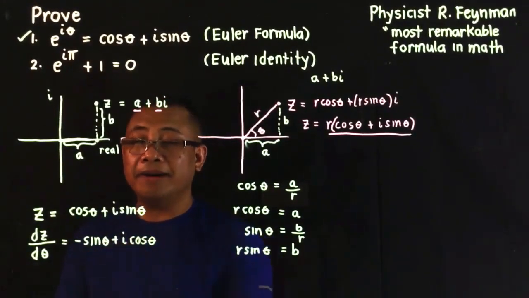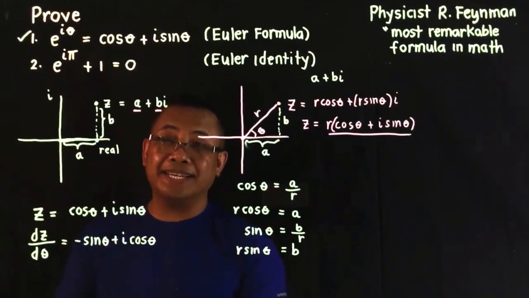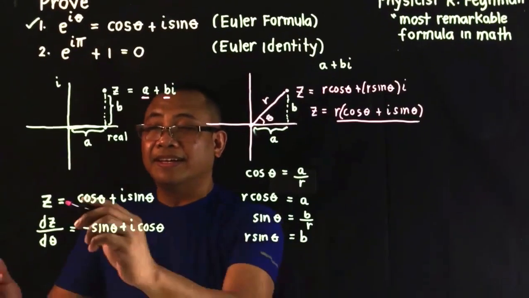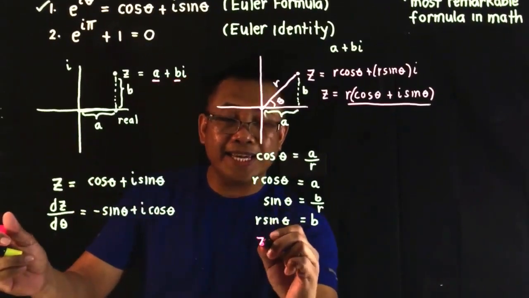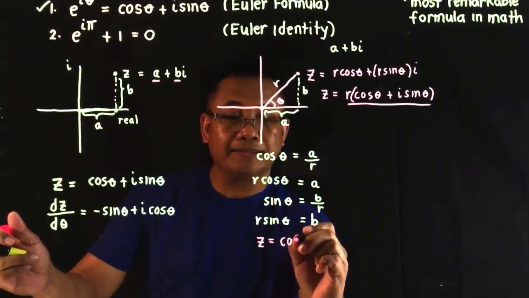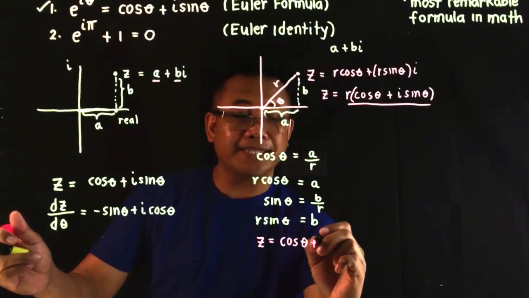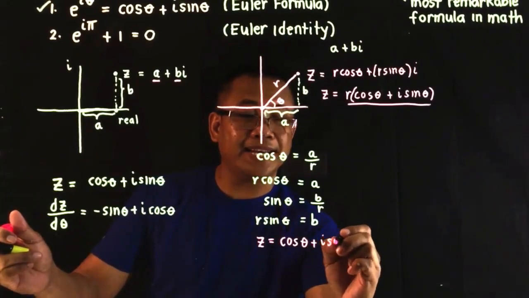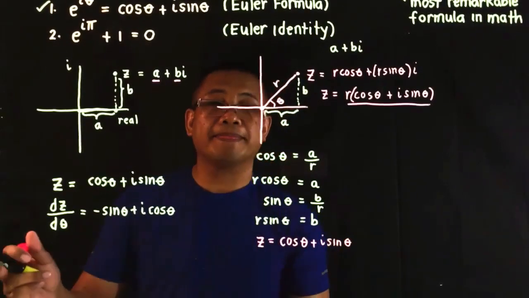Now, what's the value of negative sine theta plus i cosine theta? Let's consider again z is equal to cosine theta plus i sine of theta.